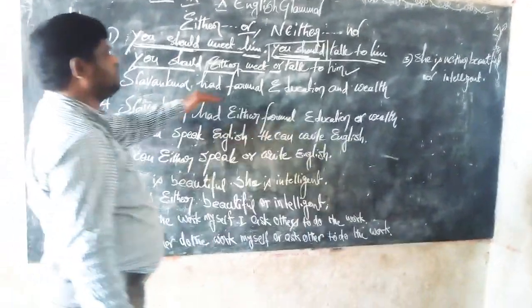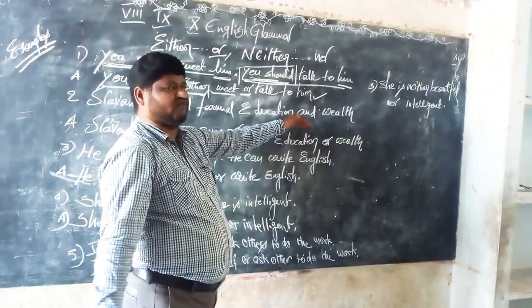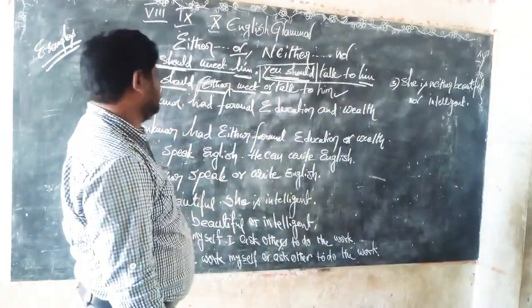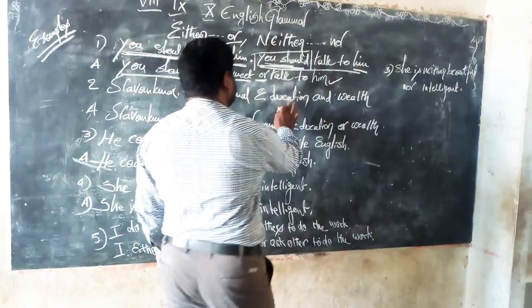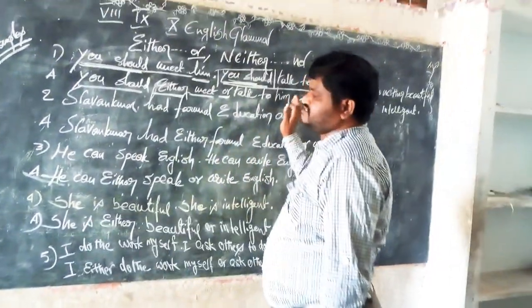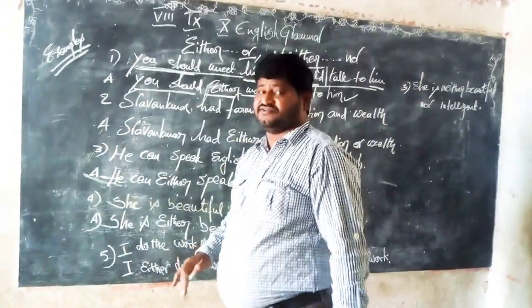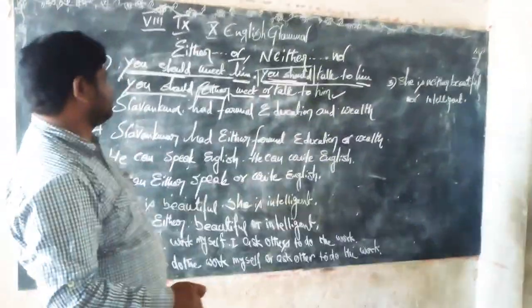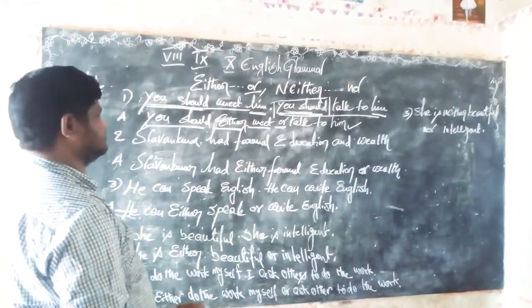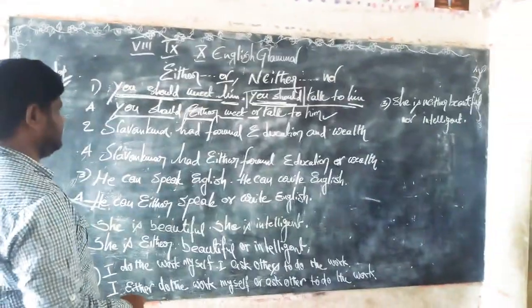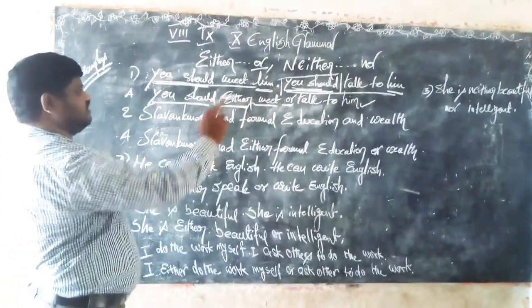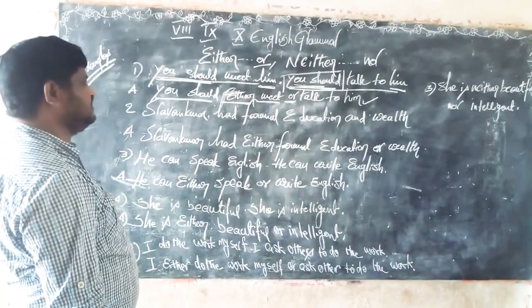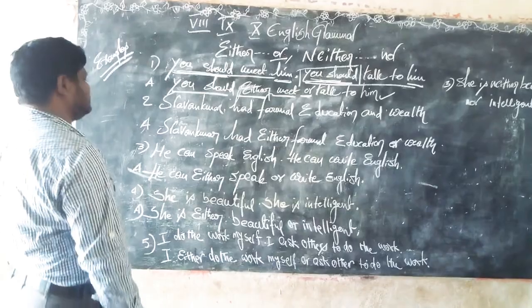Shravan Kumar had formal education and wealth. This is the sentence, friends. How will you identify the similar words in this sentence? Shravan Kumar had formal education and wealth. Here, friends, what is the answer?